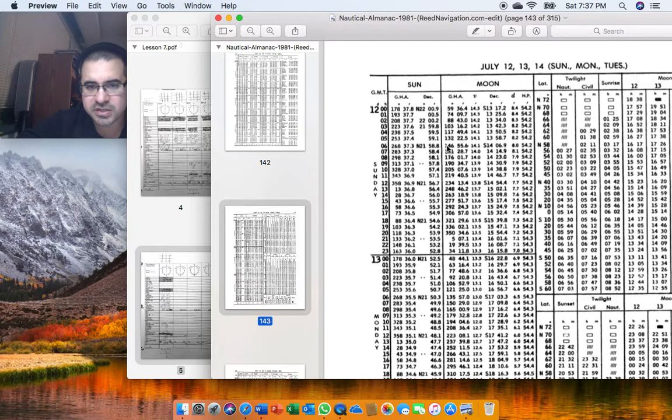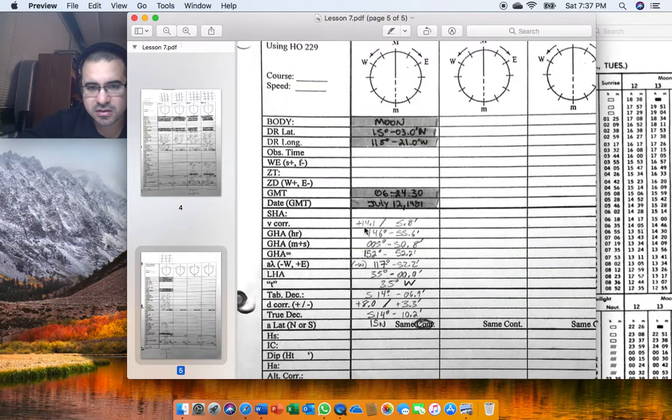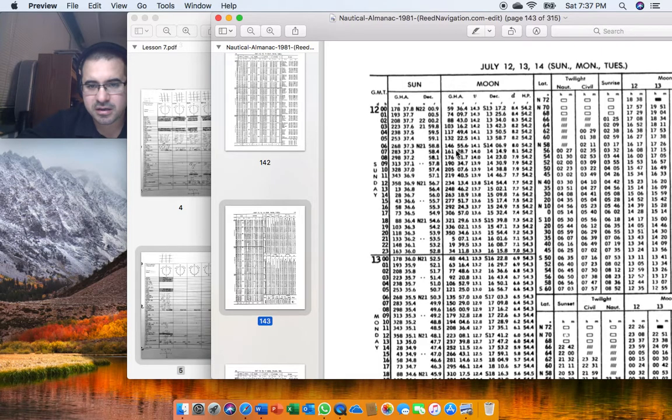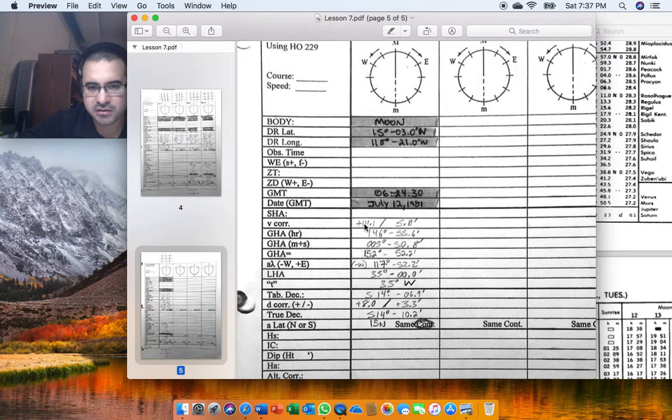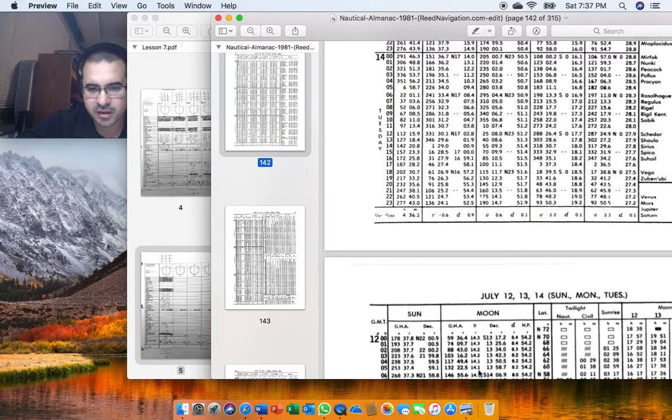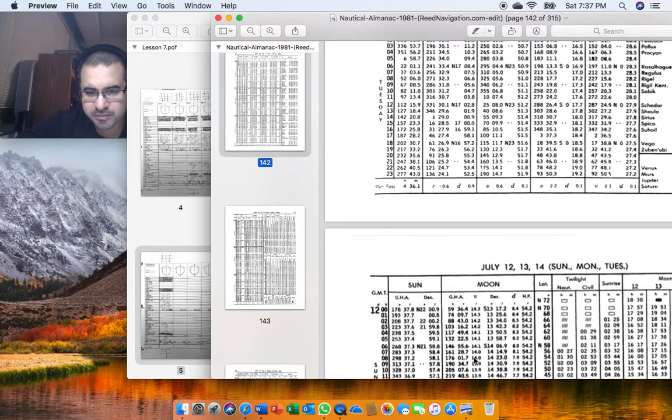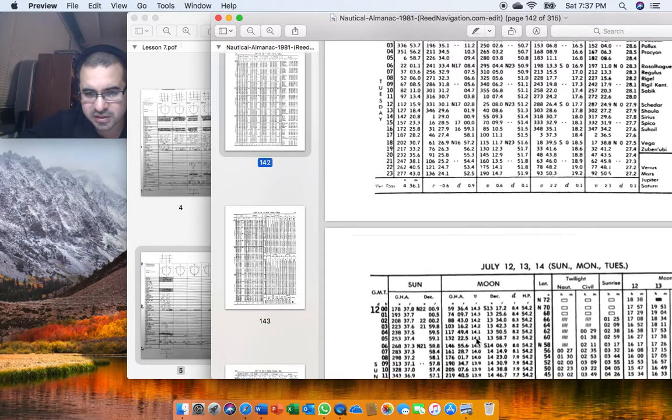Oh, I'm sorry. Right here, 146, 55.6. 146, 55.6. Let's put it at the bottom right here. There you go. We got 14.1 for our V correction. 14.1. And it is going to be a V correction.